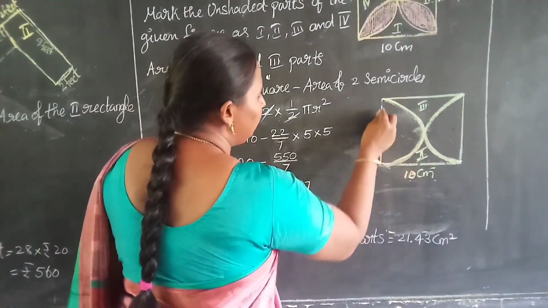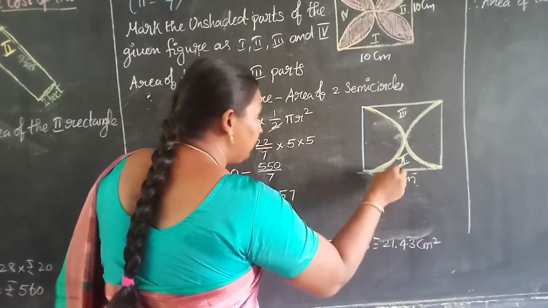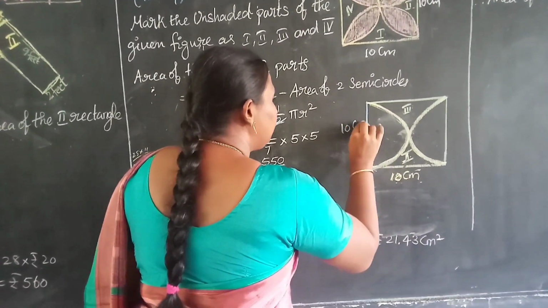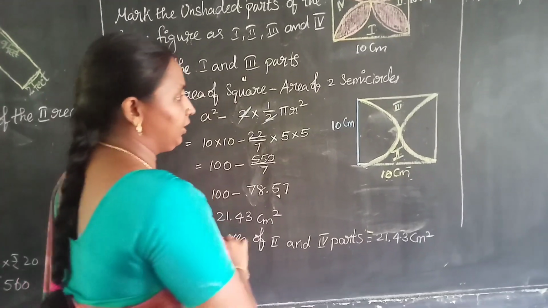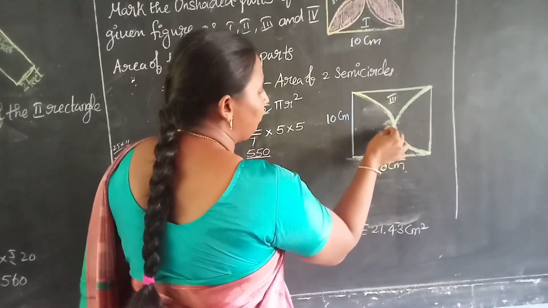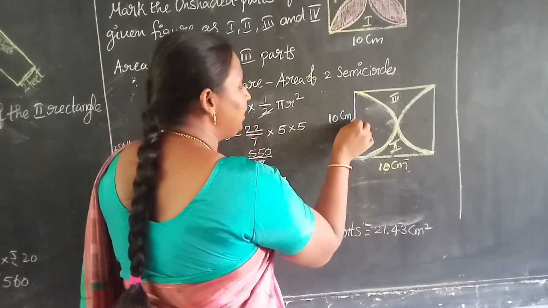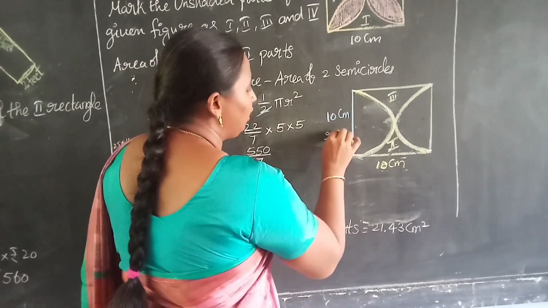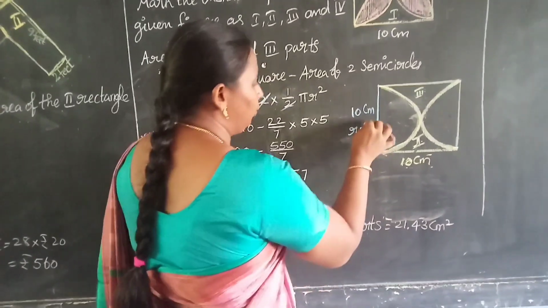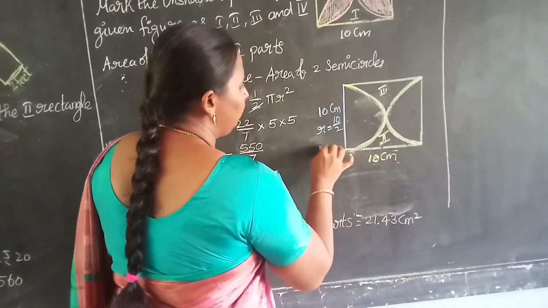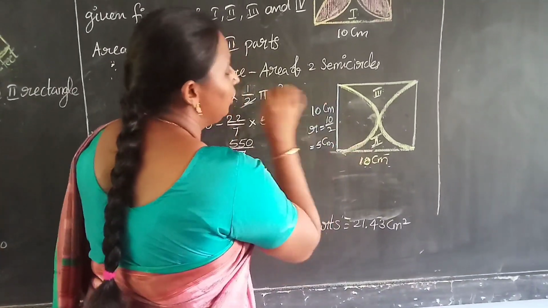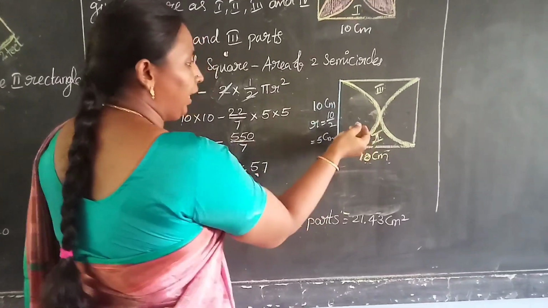Here for this semicircle, the side of the square is 10 cm. Then this side becomes the diameter for the semicircle. So the diameter is 10 cm. What about the radius? D by 2, you know. So 10 by 2 you will get 5 cm. So the radius of the circle is 5 cm.